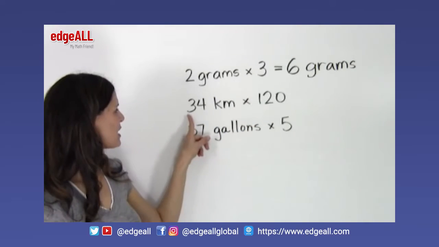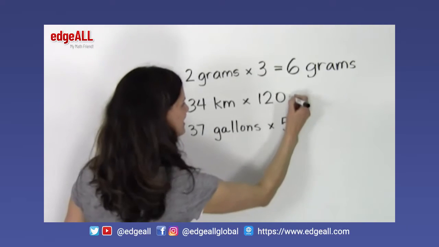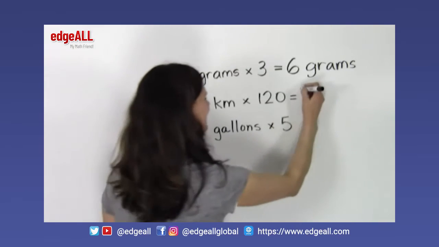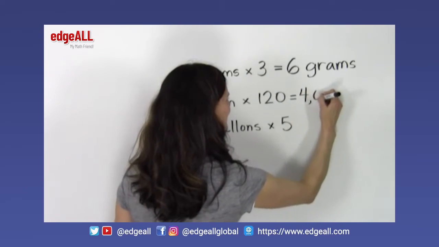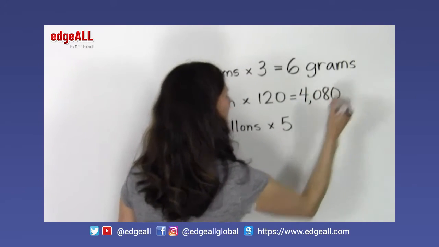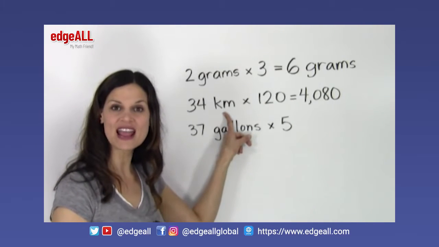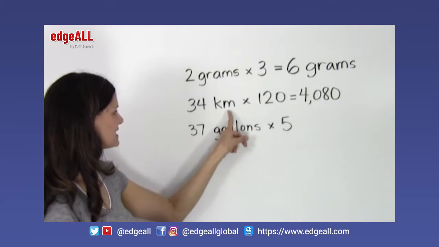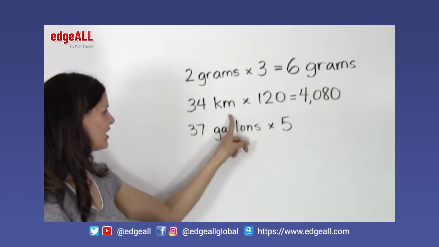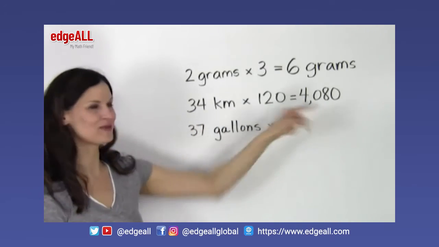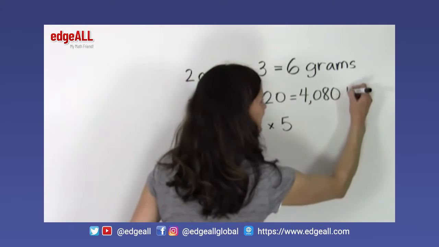In this case, 34 times 120, which we probably don't have memorized from our multiplication tables, equals 4,080. But we have to be careful here and make sure that we report our answer using the units that are in our measurement here. So 34 kilometers times 120 equals 4,080 kilometers.